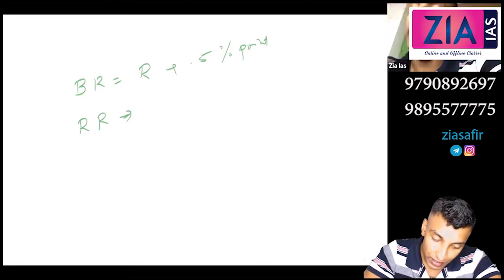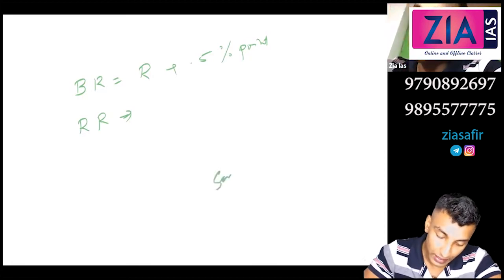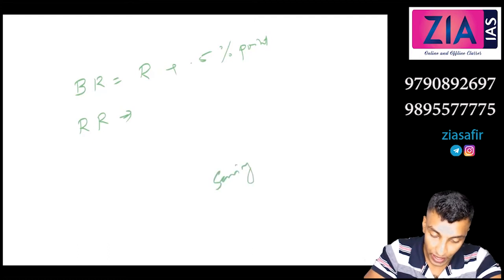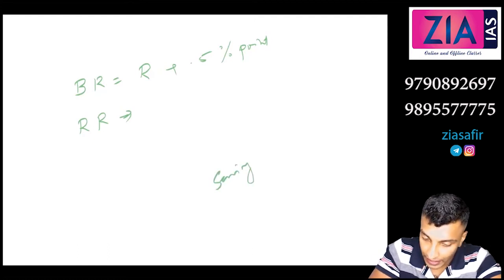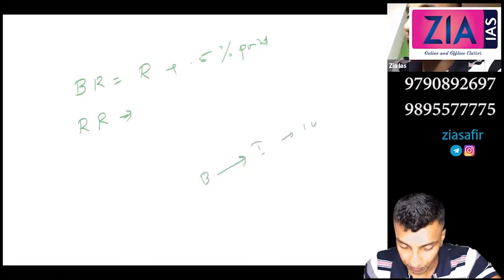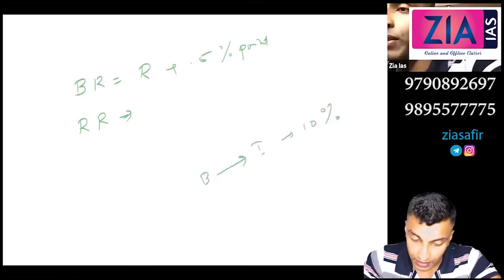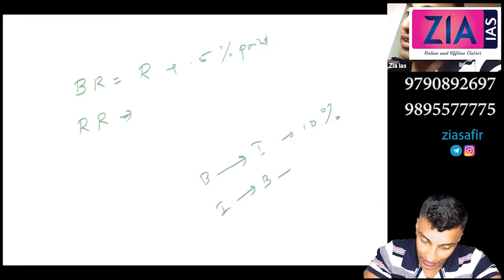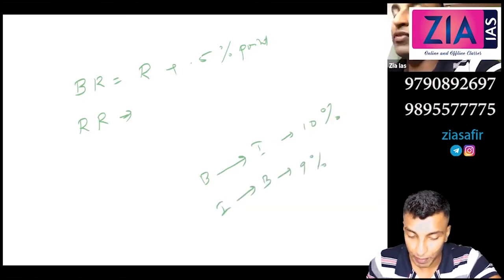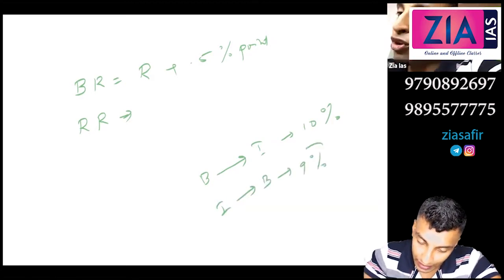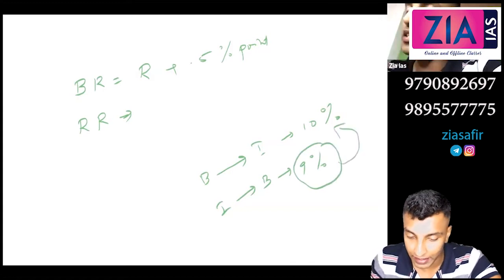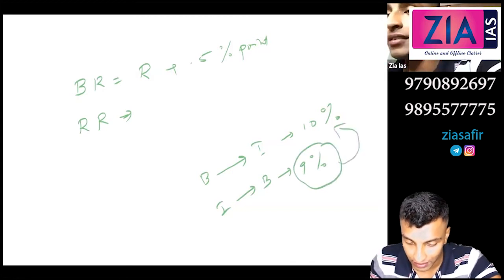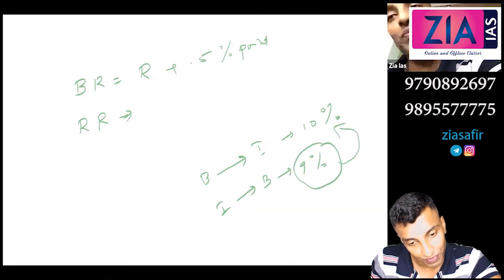Okay, for example, you are depositing in a bank. The bank is giving you interest, let's say 10% when you deposit, and you are getting funds from the bank at 9%. What will happen here? You borrow from the bank at 9% and you deposit in the bank at 10%, right? Yes or no? Yes, sir.